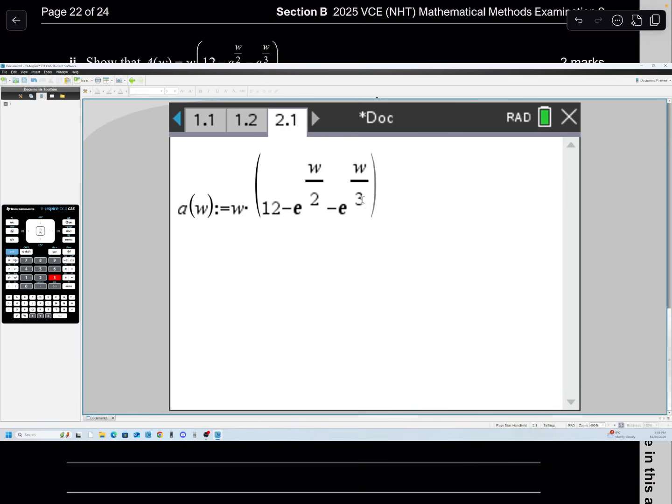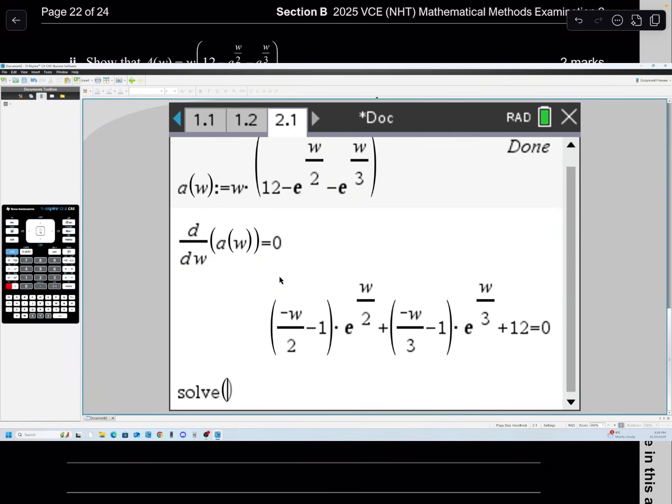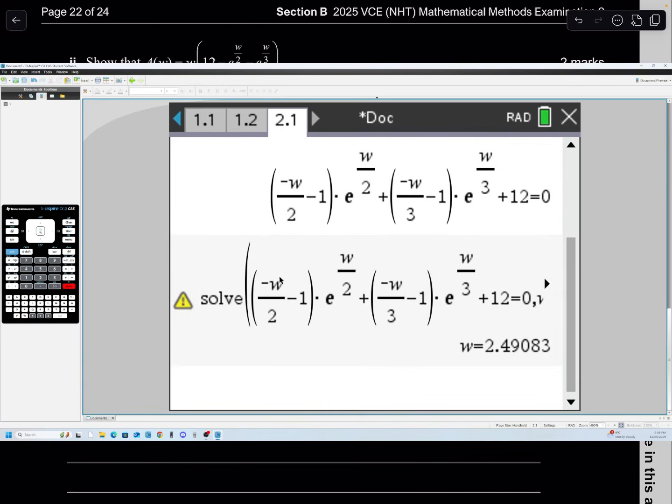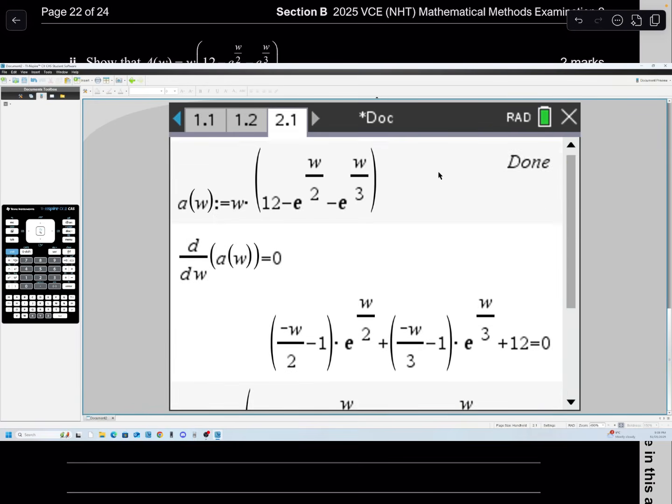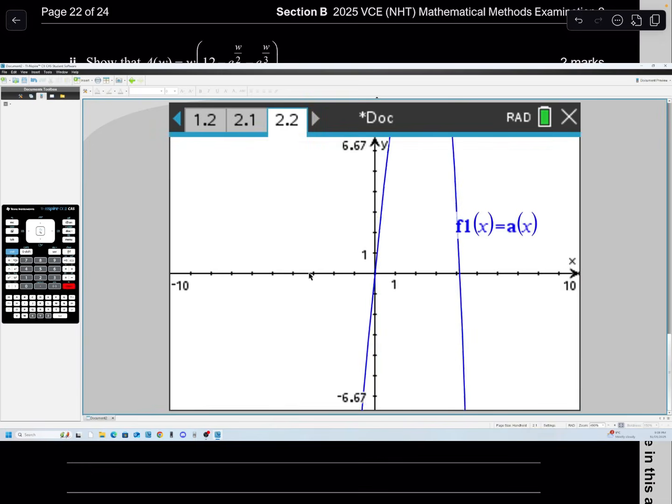Just want to double check if I made any mistakes. That looks correct. Okay, so I want to find the maximum. So I want to, of course, derive it in terms of w. So A of w, let it equal to 0, of course. Solve it, comma, w. And so we get this w. Now, we're not too sure if this is your maximum area, of course. Always double check. So what I'm going to do is you can easily just graph it. Like, let's look at it by just graphing it. Oh, yeah, this is beauty.